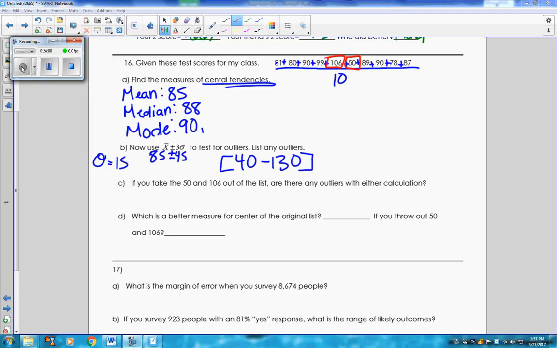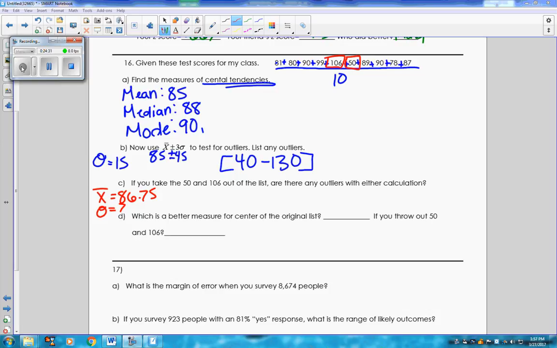Now, part C says if you take 50 and 106 out of the list, are there any outliers with either calculation? So if I take 50 and 106 out of the list, my new mean is going to be 86.75, and the new standard deviation is going to be 7.